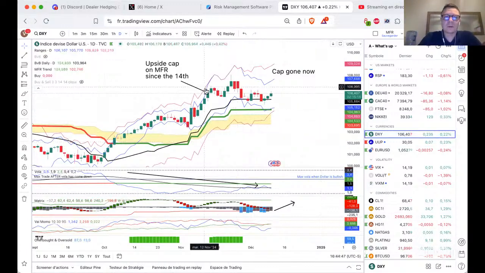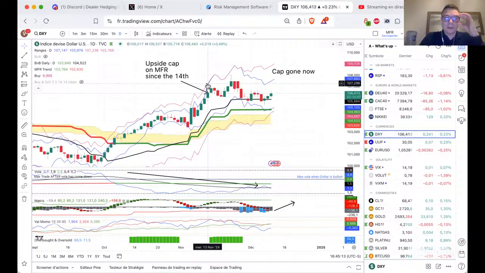The blue and the pink here: blue is the top of the normal range, and pink is the top of the long-term range. And on the 14th, you had the upside cap on MFR. What you get when this happens is either a sell-off on the DXY or a range trade, so consolidation before the next leg up.